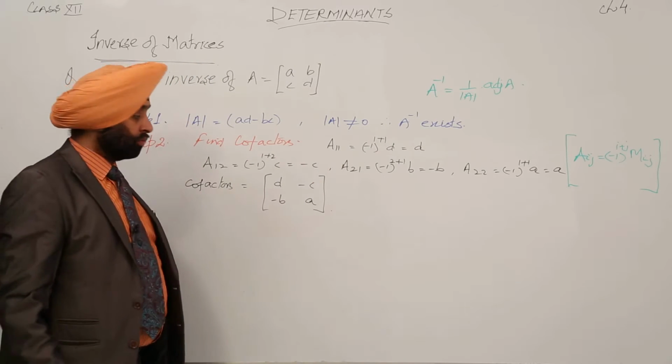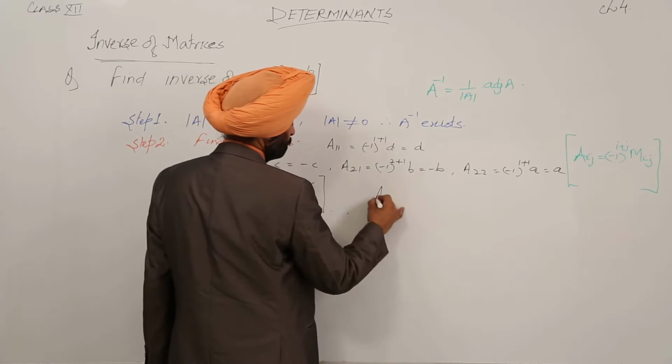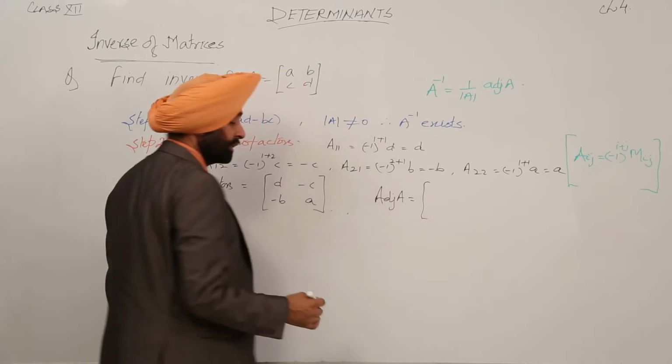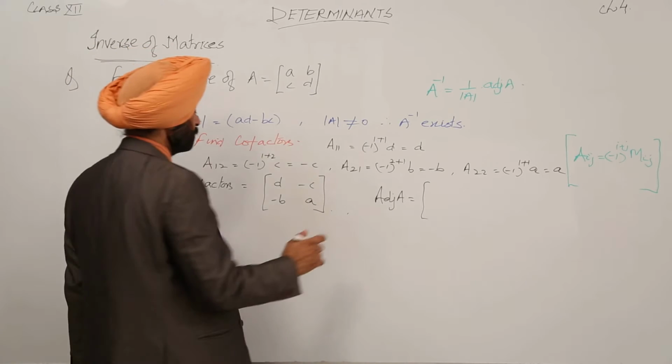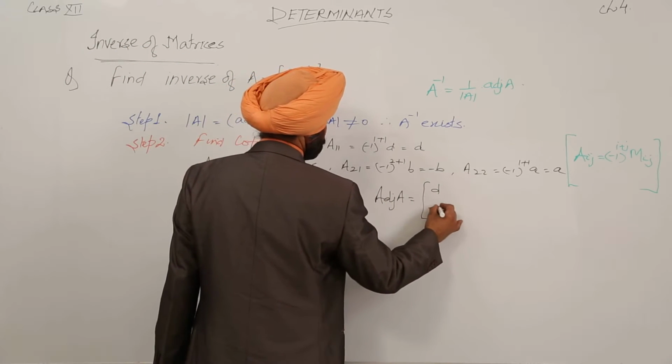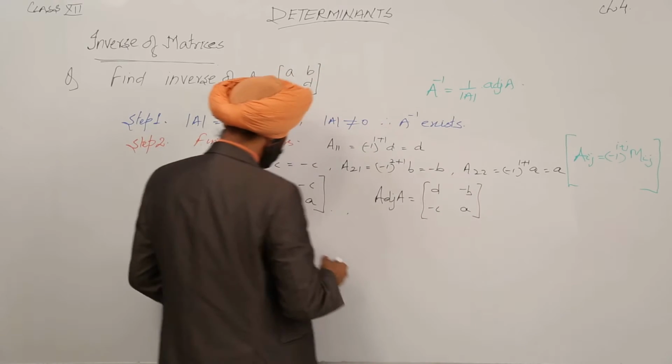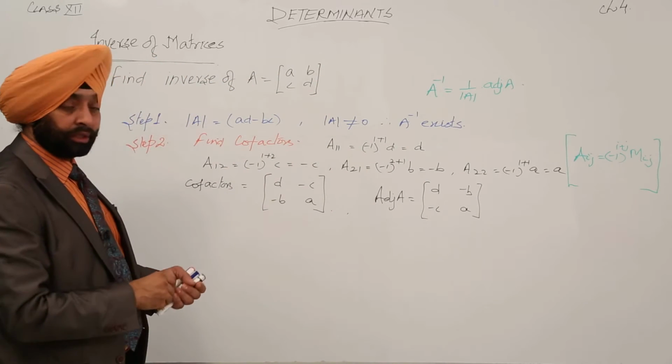Now what is the adjoint? Adjoint A is equal to writing the cofactors in the transpose form: D, minus C, minus B and A. Now finally, what is the inverse?